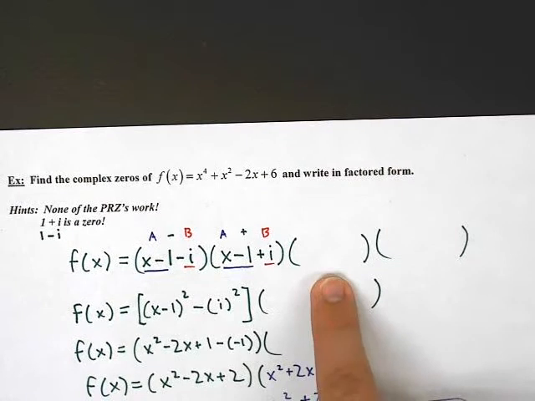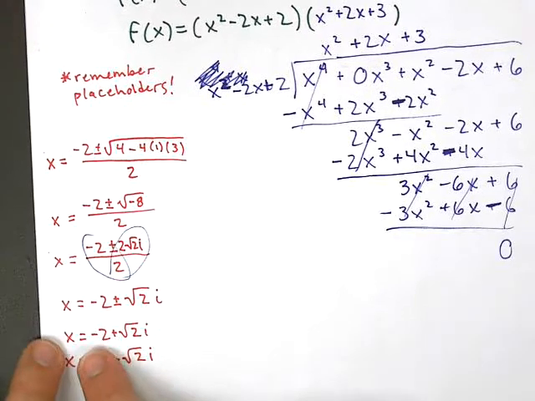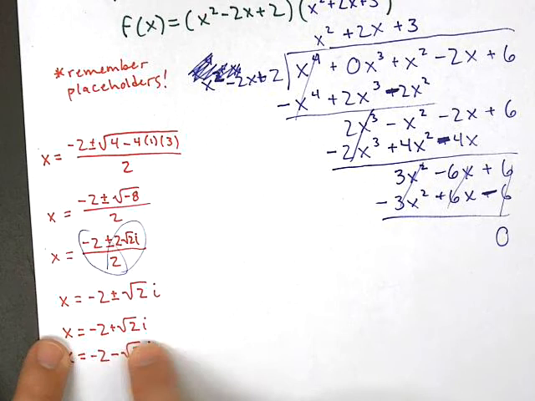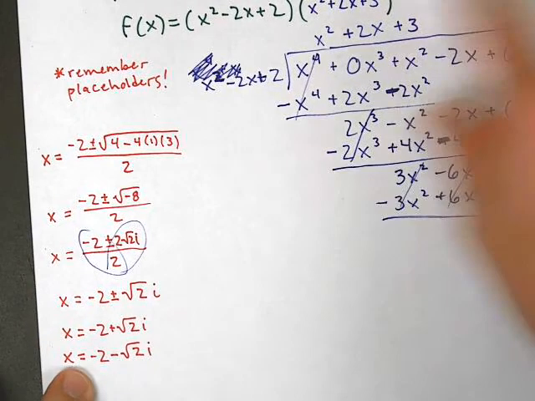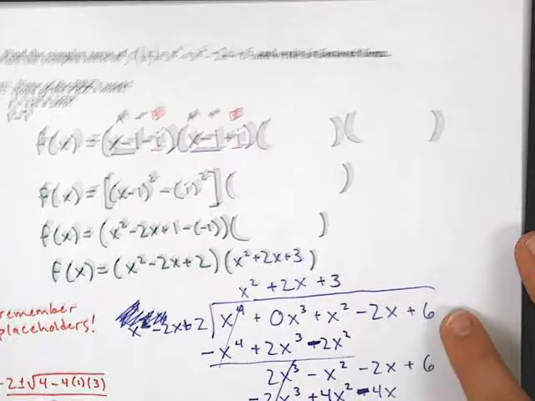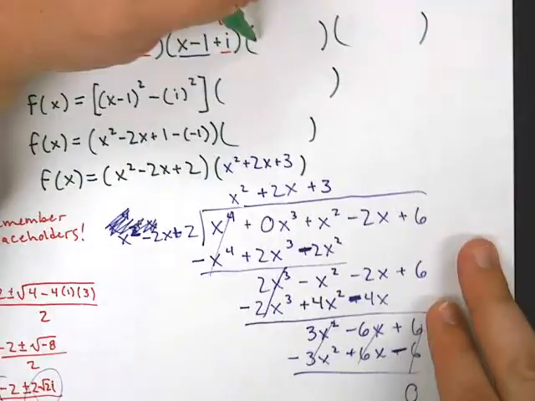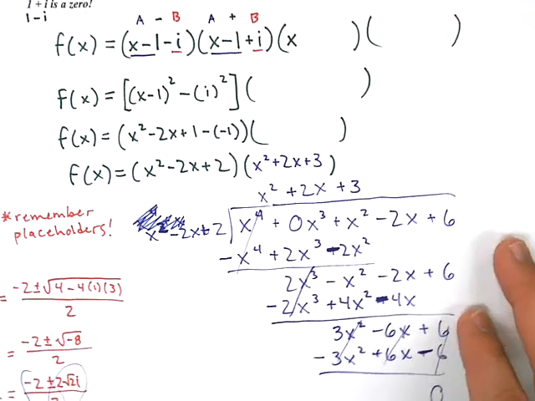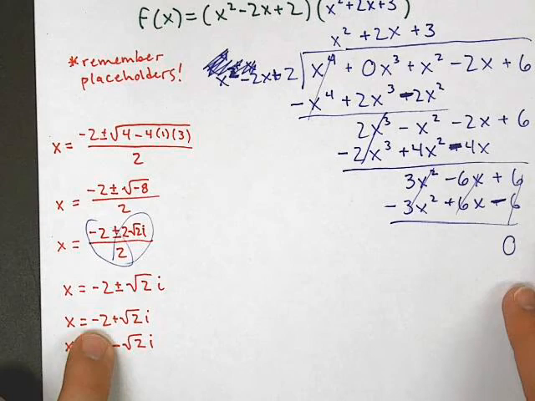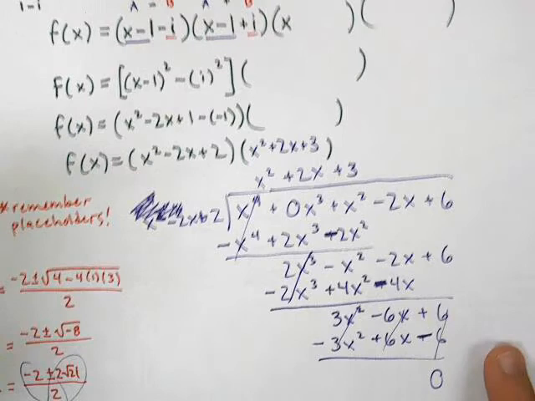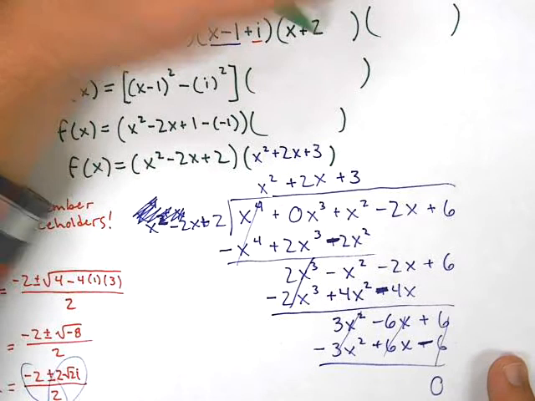So I already started to write in factored form. I just need to take my zeros that I just had, and put them into factored form. So you're going to subtract them, right? It's going to be an x, and then if you remember, it was negative 2, so I'm going to subtract negative 2 and make it plus 2.